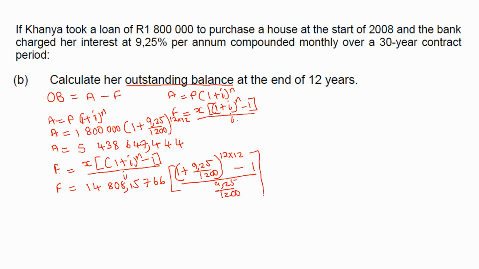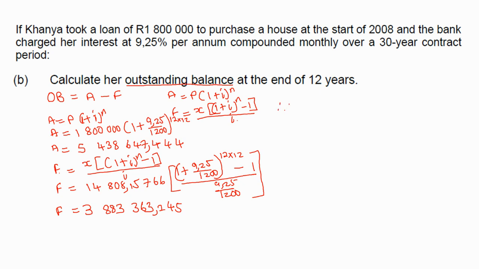You can put this whole thing into your calculator, and you must get 3,883,363.245. Okay, and then from this we can get our outstanding balance.